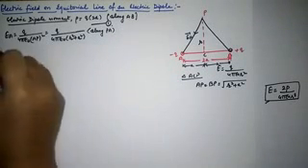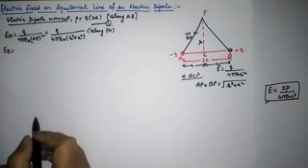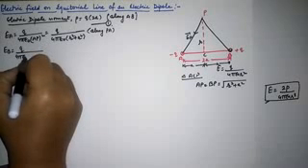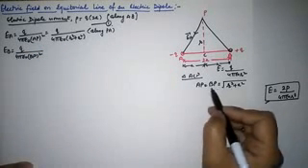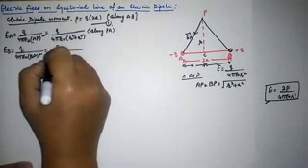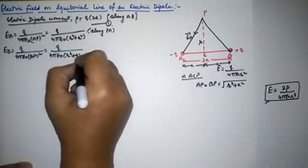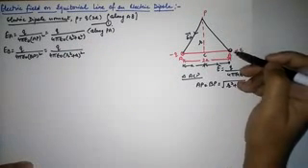Now we calculate EB. EB is the electric field at P due to the charge at B. What is EB? q upon 4 pi epsilon naught BP square. What is BP? We have calculated BP. We have to take its square, so q upon 4 pi epsilon naught, and this square root will be cancelled. This is the value of EB. What is the direction of EB?